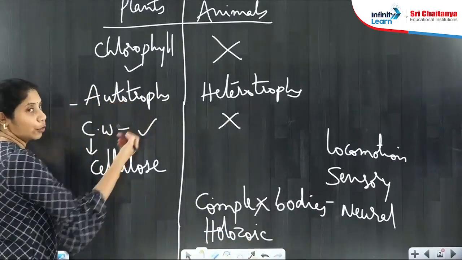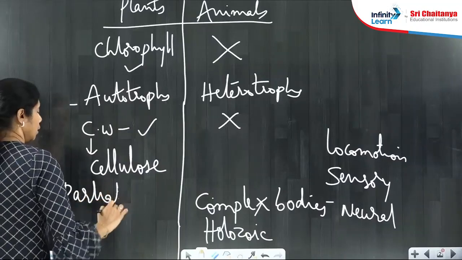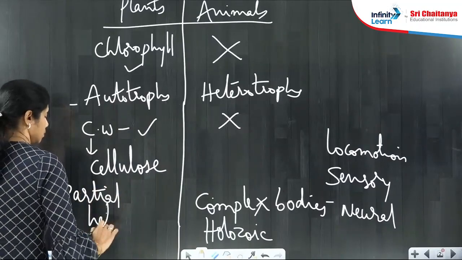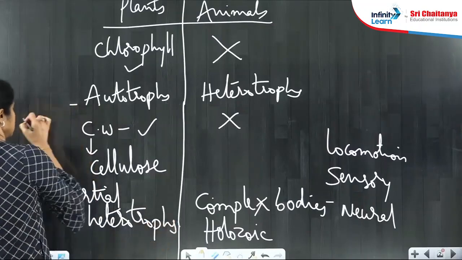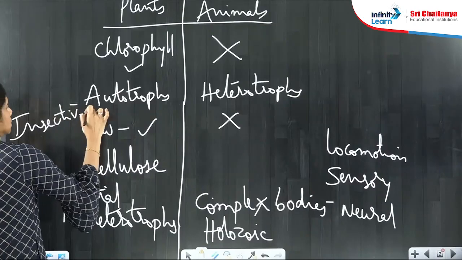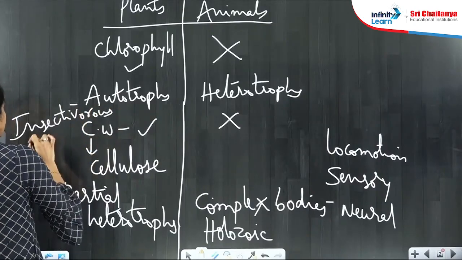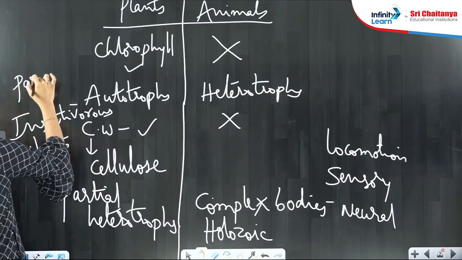Whereas plants are autotrophs, but some partial heterotrophs are also present, like insectivorous plants, because they eat insects. And even parasitic plants we have.